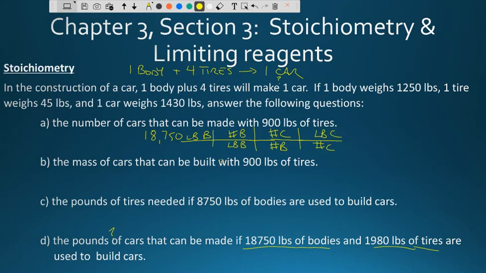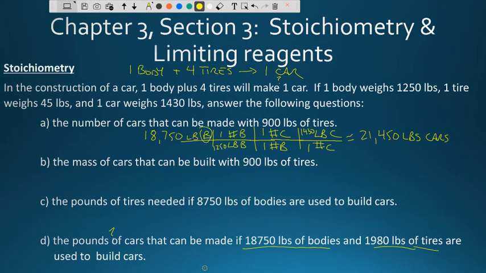Now I can say that one body was 1,250 pounds. I can say that one car needs one body, and one car has an ending mass of 1,430 pounds. So the number I end up with, if it was up to the bodies, would be 21,450 pounds of cars.